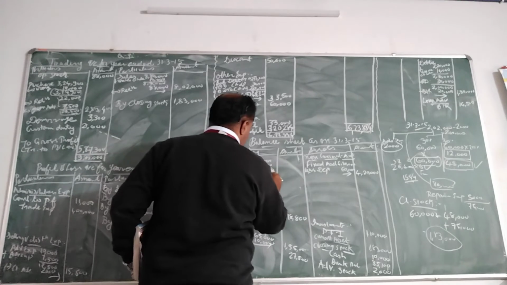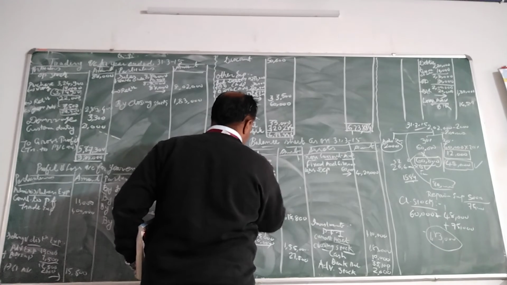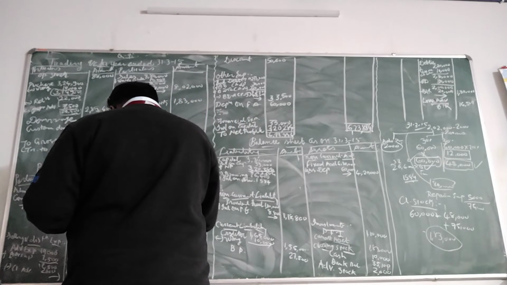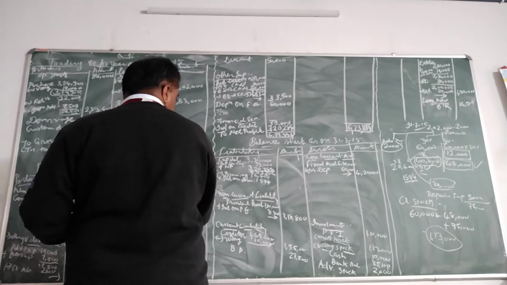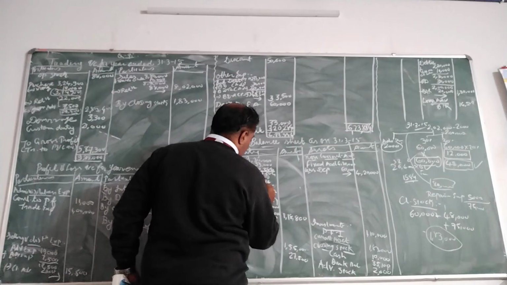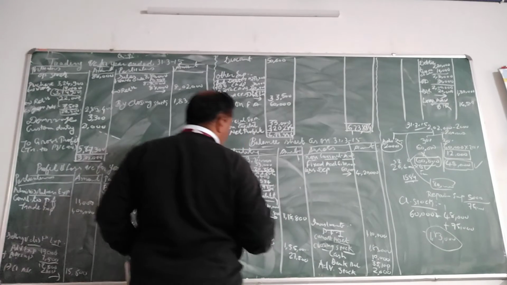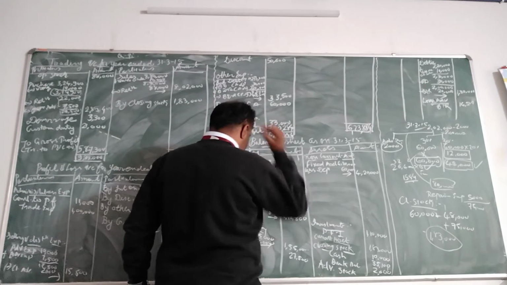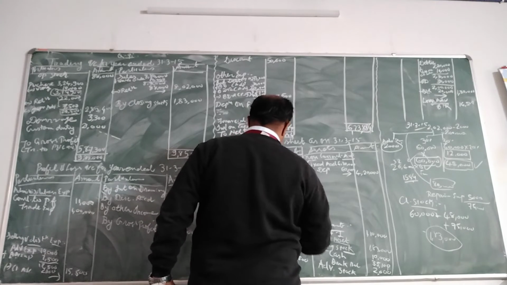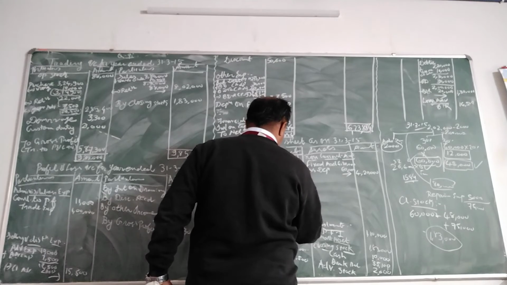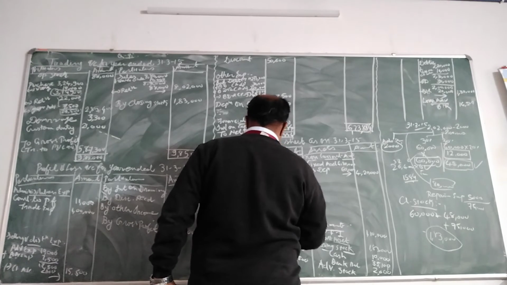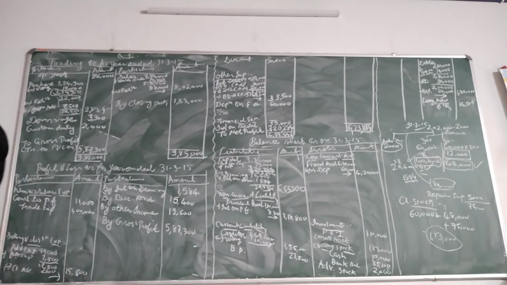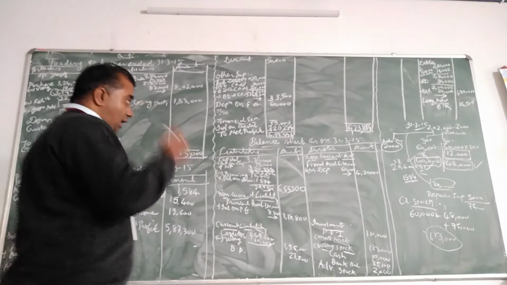Now total it: 6,83,284 minus 27,984. So in the outer column 6,55,300.